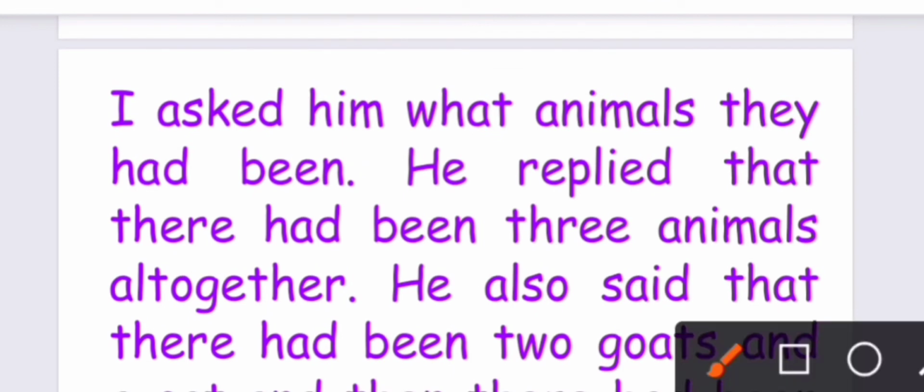See the solution. The first one, I asked him what animals they had been. One thing for your information to draw your attention, that it is given had been, that is past perfect tense, and I have already told you now we have to do just reverse what we have done in case of a direct speech to indirect one. Now it will be just a reverse to make it direct one. So it is given had been past perfect tense. Now we need to turn it in past tense only.